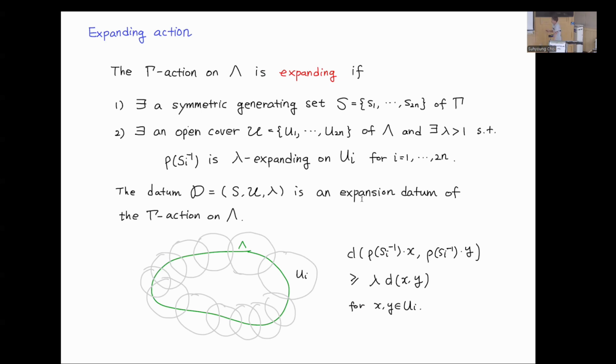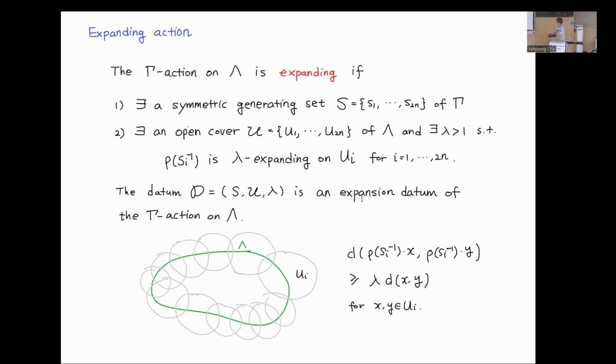So you can cover, that means there is this green one, a gamma-invariant compact subset lambda, and then you can cover it by open sets, which are expanding domains for the symmetric generating elements.